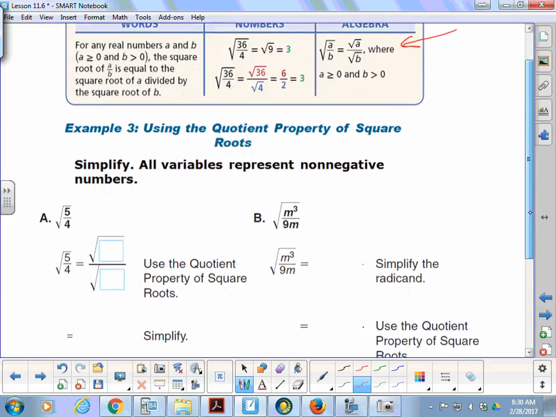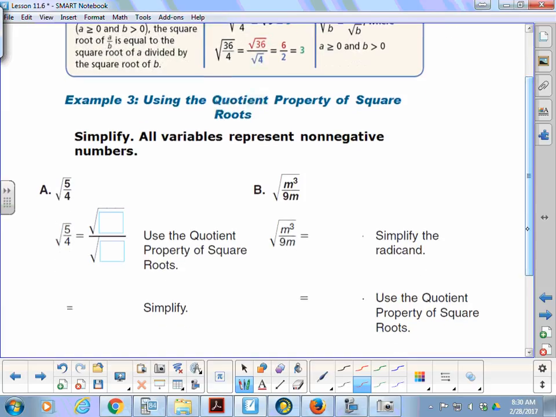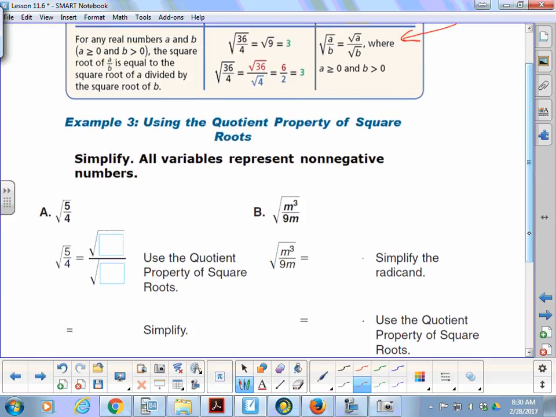All right, so we've got two examples here: the square root of 5/4 and the square root of m cubed over 9m. Square root of 5/4. Using the quotient property, I can rewrite this as the square root of 5 over the square root of 4.